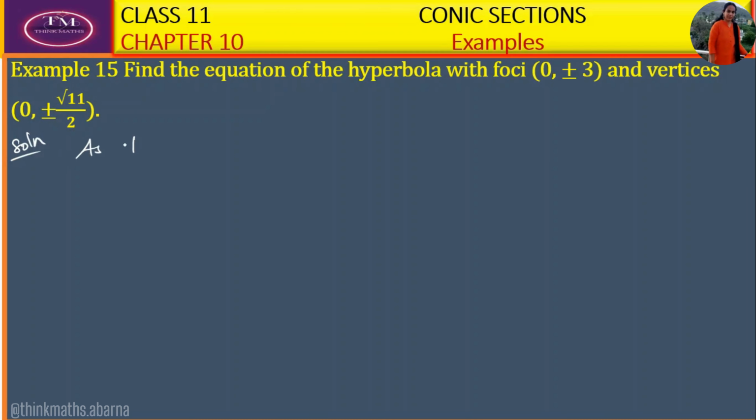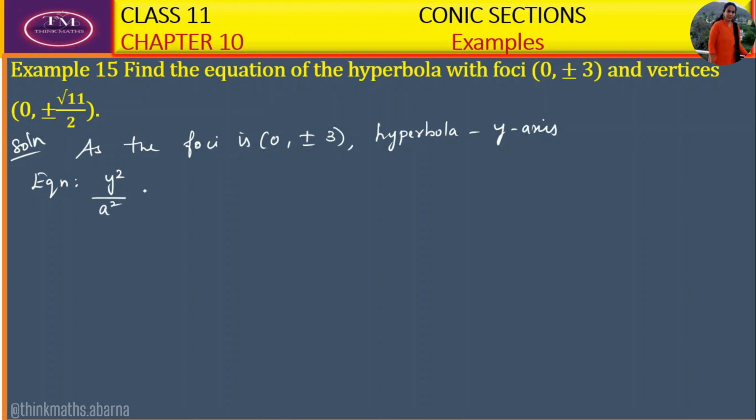As the foci is 0, comma plus or minus 3, the hyperbola is symmetrical about the y-axis. So the equation of the hyperbola is y square by a square minus x square by b square equal to 1.